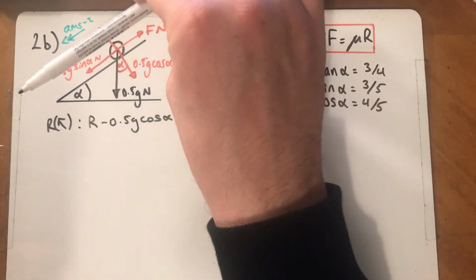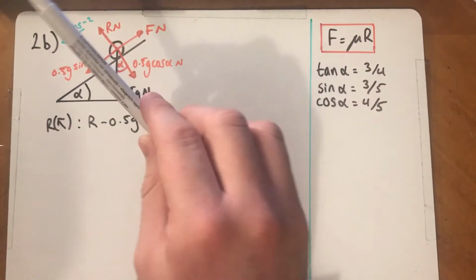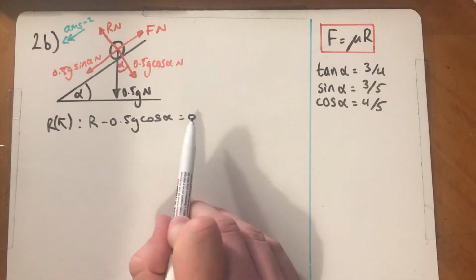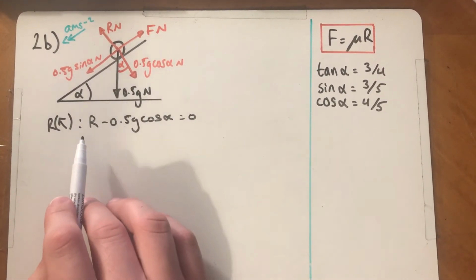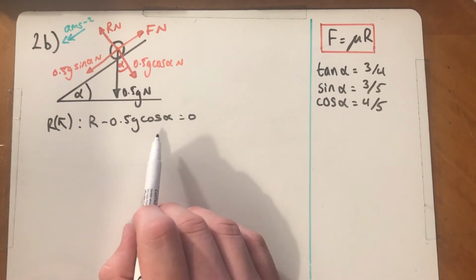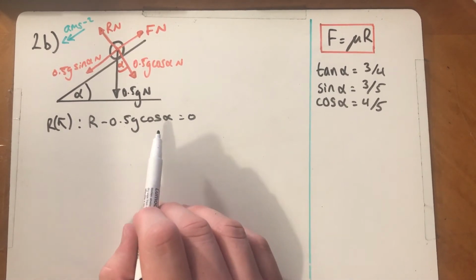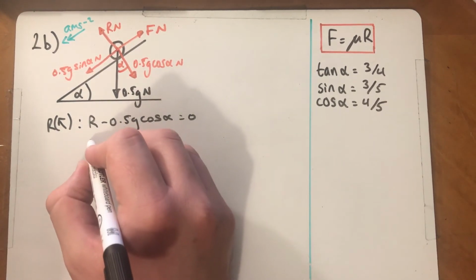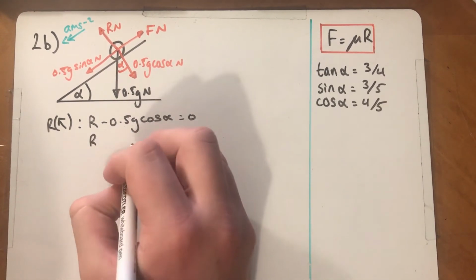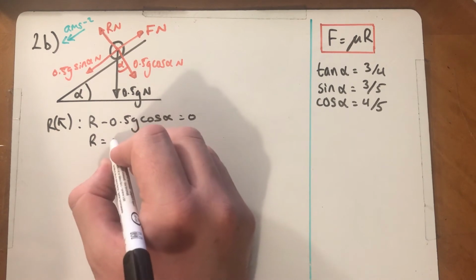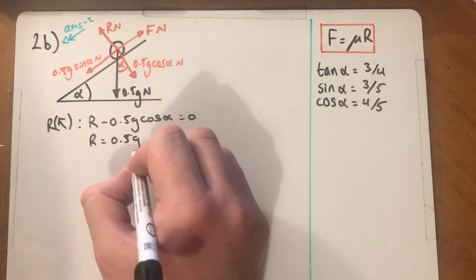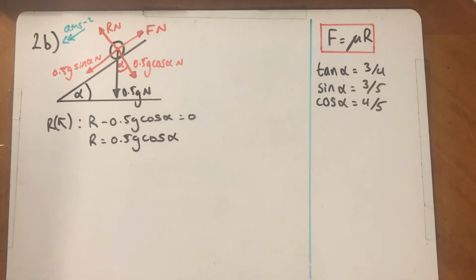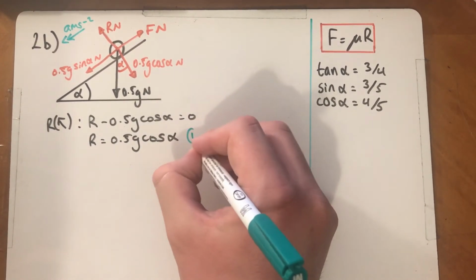It's accelerating in the other plane, and we'll deal with that after, but in this plane the acceleration is 0, hence the sum of all forces is equal to 0. If I rearrange for R by adding 0.5g cos alpha on both sides, we get R equals 0.5g cos alpha. I'm going to call this equation 1.